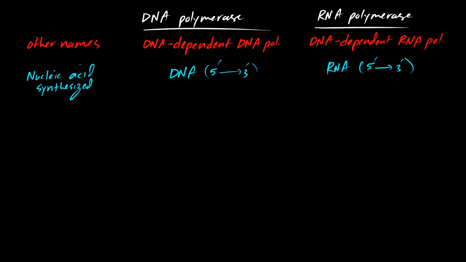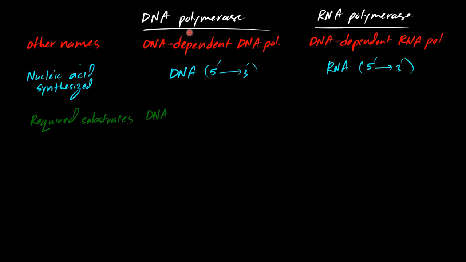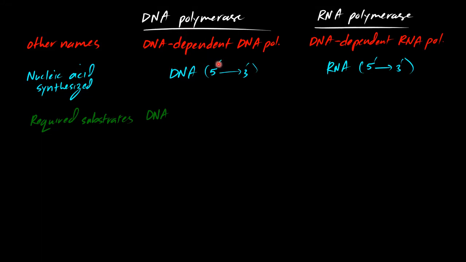In terms of the required substrate, the required substrate here is DNA nucleotides, because remember, the synthesis of the DNA could be viewed as a chemical reaction catalyzed by this enzyme.